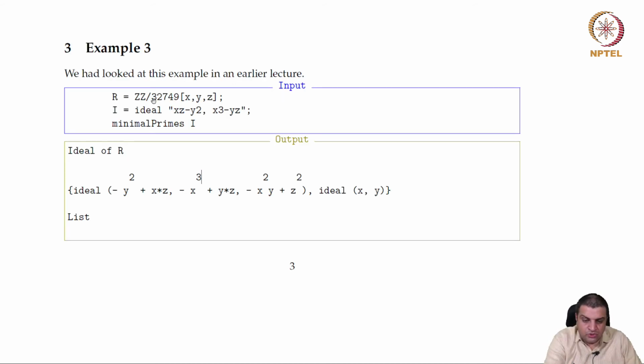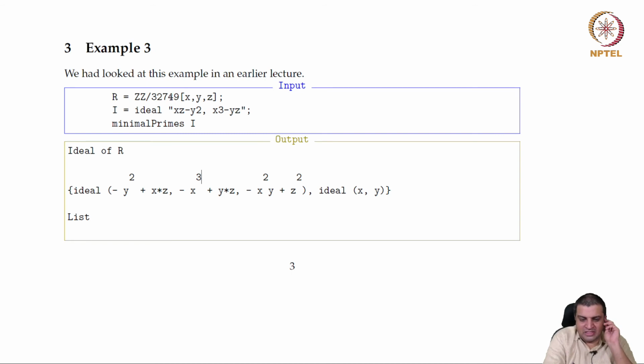So this time I chose a different field, a very big field with 32,749. This is a prime number. This is the largest prime number that Macaulay 2 handles, or maybe, sorry, I don't know, the latest version may handle a bigger one, but for some time this used to be the largest prime number.